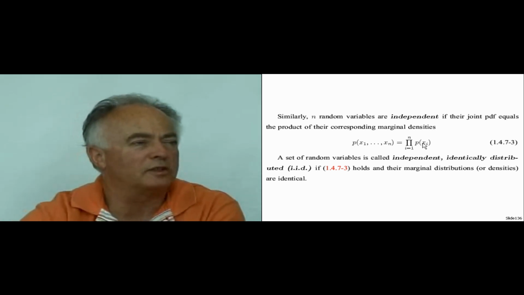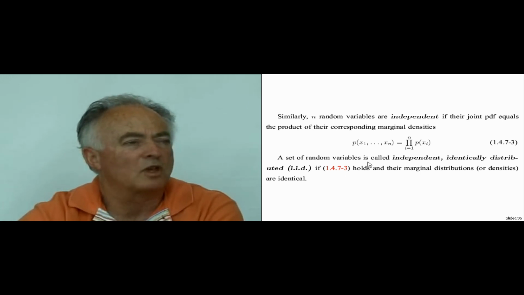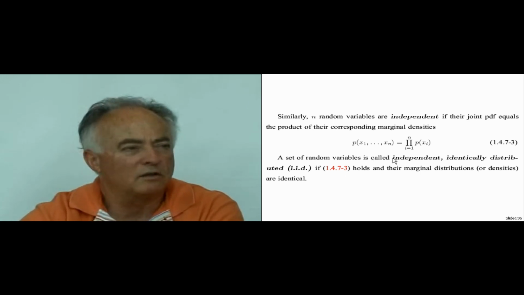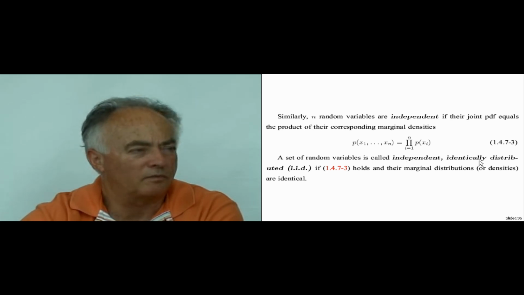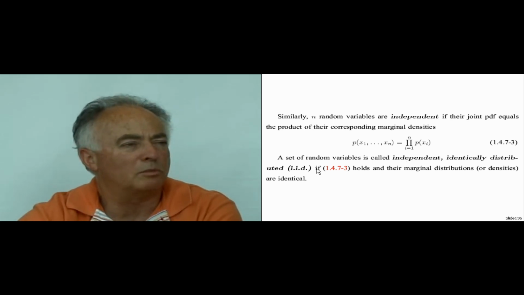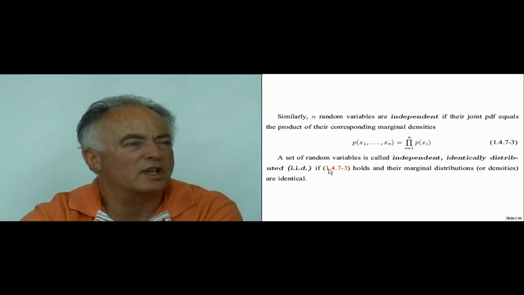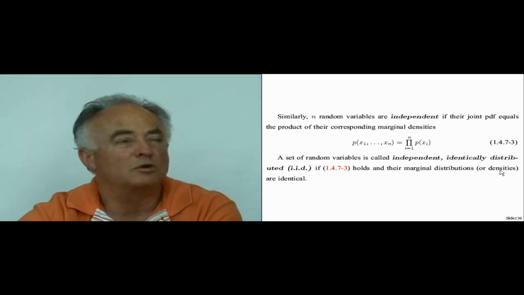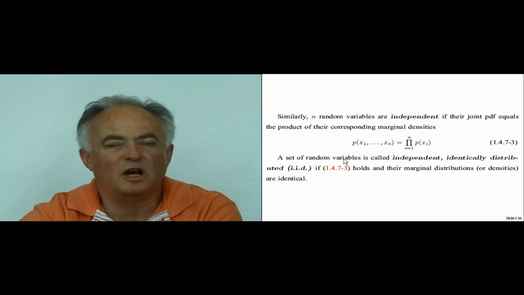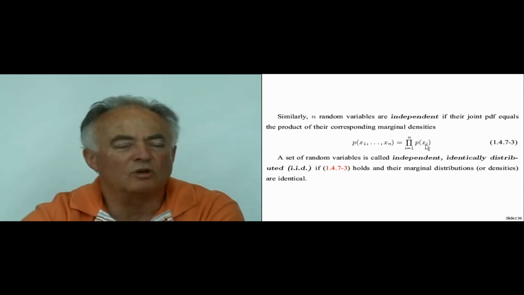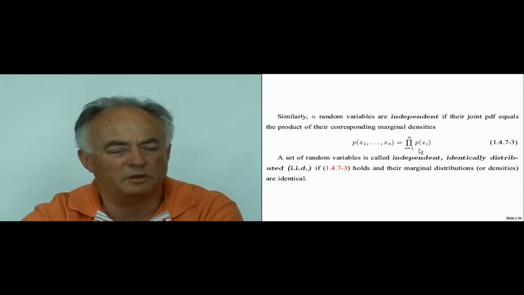A set of random variables is called IID, that's independent, identically distributed, if the property we have here holds and each marginal distribution or density is the same, which means each p of x_i is the same function of the corresponding random variable.